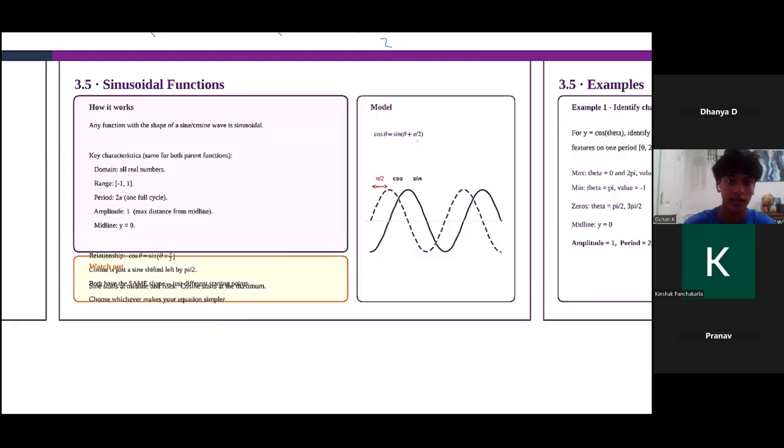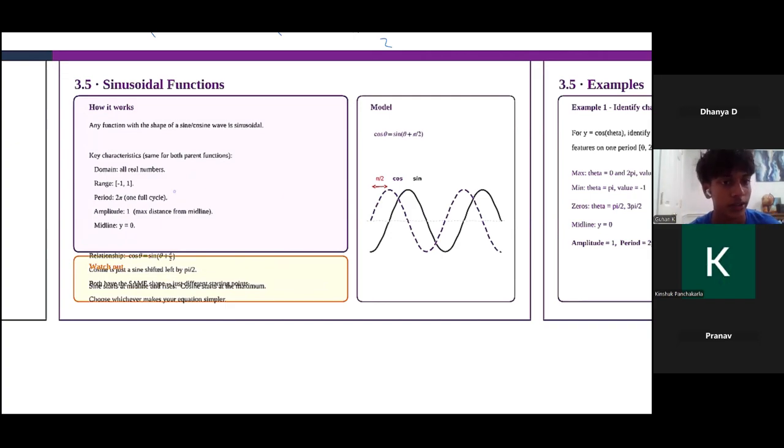Something that repeats like this is a sinusoidal function. Graphs like tan x and cotan x, which we will get to soon enough, are also like this, but for now, just worry about sine and cosine. All these types of graphs that repeat periodically are known as sinusoidal functions.